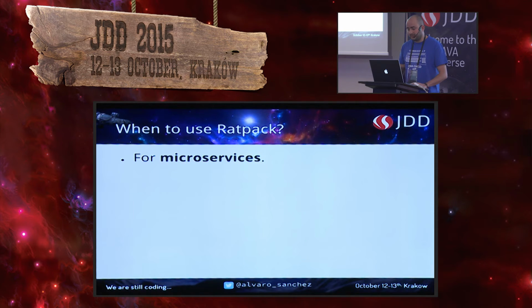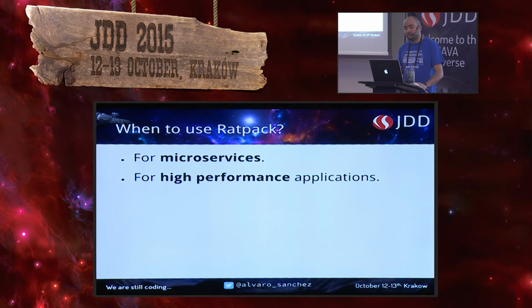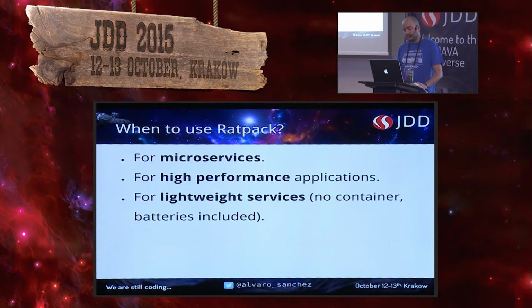You can use Ratpack for microservices, which is the word of the year. But also when you need high performance applications that need high throughput, a lot of requests per second. When you just want to build lightweight services, they call this no batteries included because you don't need anything else.